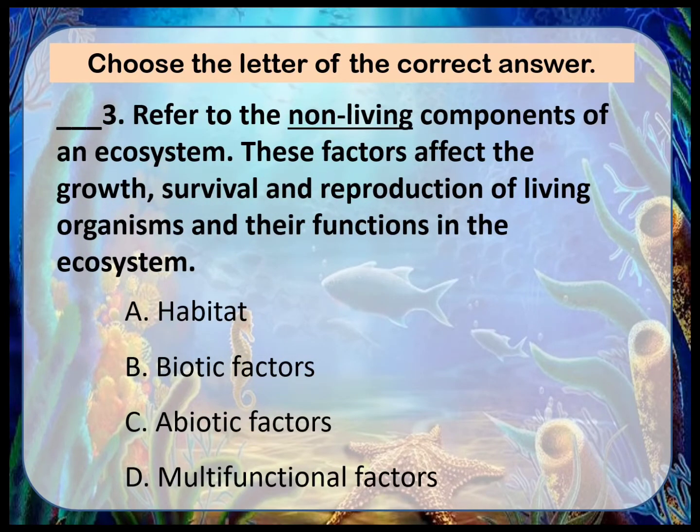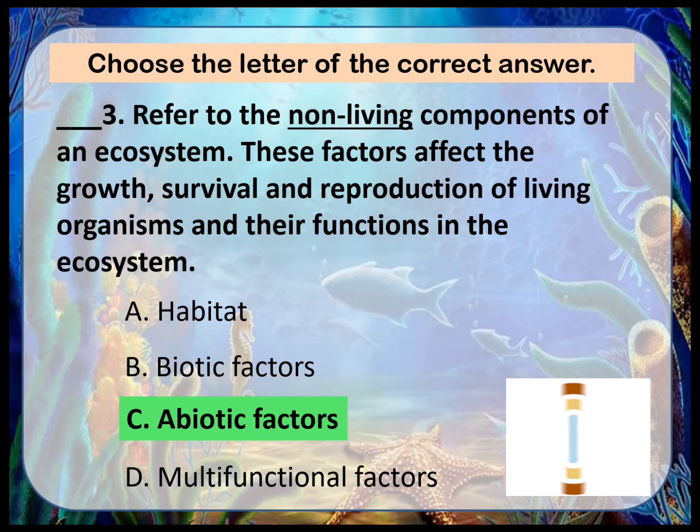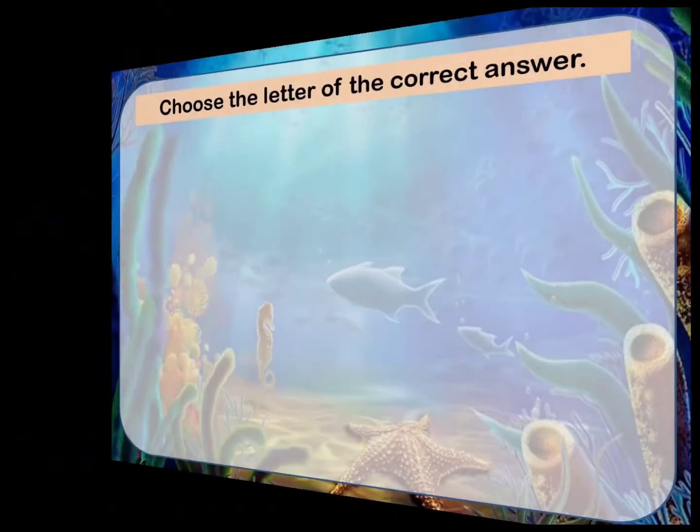These refer to the non-living components of an ecosystem. These factors affect the growth, survival, and reproduction of living organisms and their functions in the ecosystem. A. Habitat. B. Biotic factors. C. Abiotic factors. D. Multifunctional factors. The answer is abiotic factors, letter C.